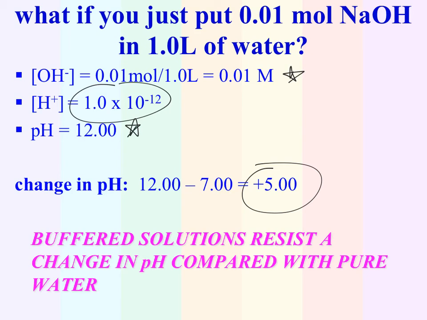Okay, so the buffered solutions, guys, they resist the change in pH and subsequently allow the pH of that solution to remain relatively unchanged based on the properties associated with the acid and conjugate base present.